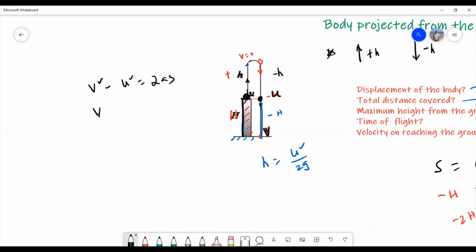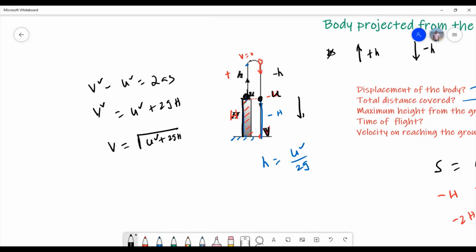So this is v square, and minus u whole square is u square only. The body is coming down, so g is positive. So this becomes u square plus 2g into h. Therefore, the final velocity of the body is v equal to root of u square plus 2gh.